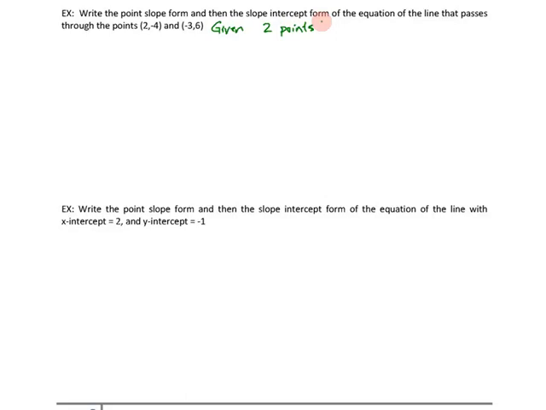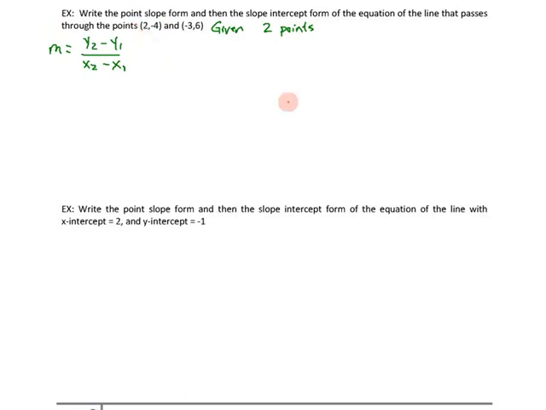Well, you have a formula for the slope, right? You have the formula m equals y2 minus y1 over x2 minus x1, change in y over change in x. That gives me the slope, and once I have the slope, I still have at least one point. I can use the point-slope form.